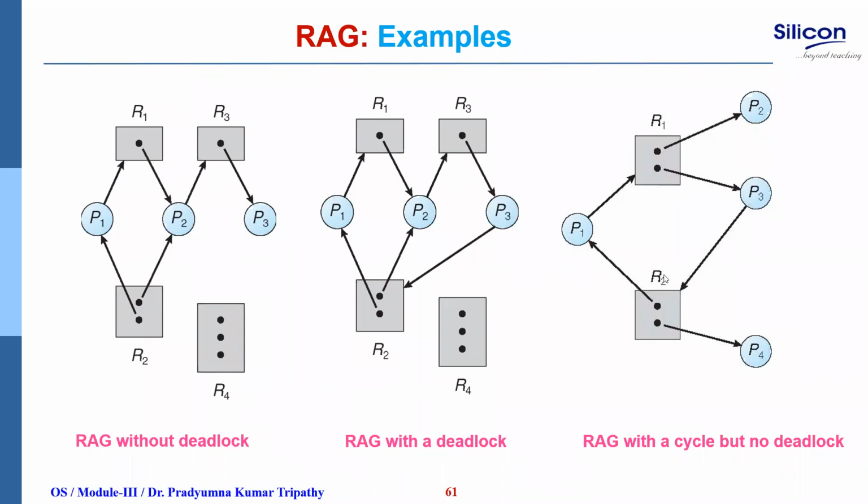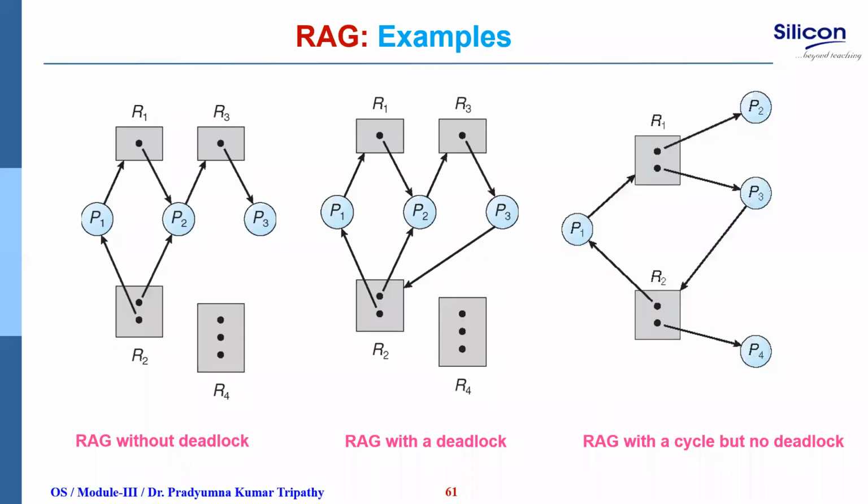So if every resource has one instance and there is a cycle, then it is in deadlock. So a cycle alone doesn't mean it is confirmed to be a deadlock. But if there is only one instance per resource and there is a cycle, then definitely it is in deadlock.